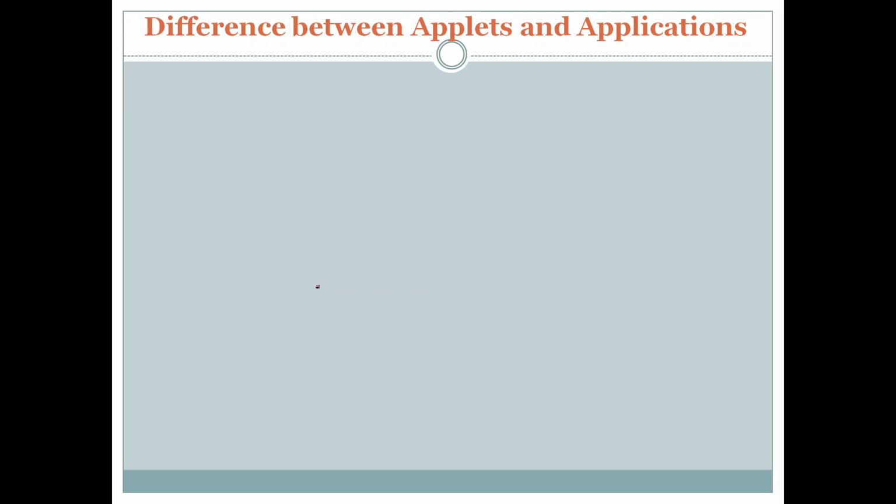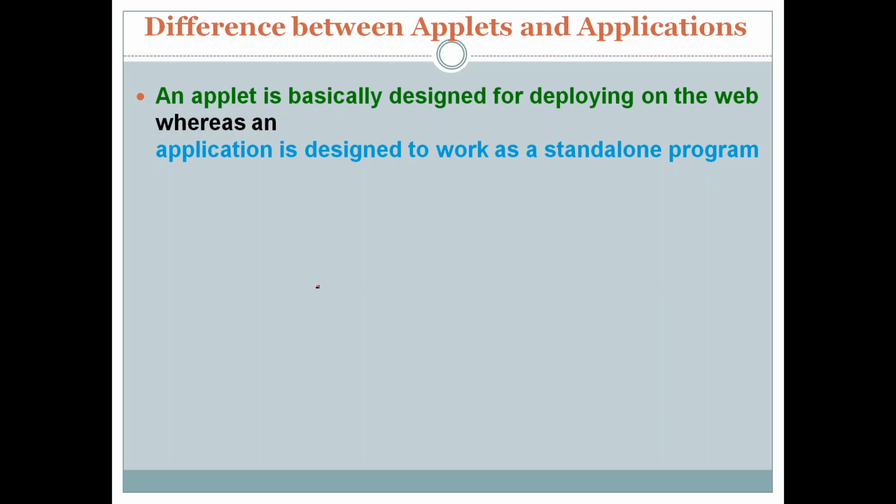The difference between applet and application. As we know, there are two different kinds of programs which we can develop in Java. One is applet and the other is application. So what is the difference between the two? We will go through the differences one by one. The first is that an applet is basically designed for deploying on the web, whereas an application is designed to work as a standalone program.